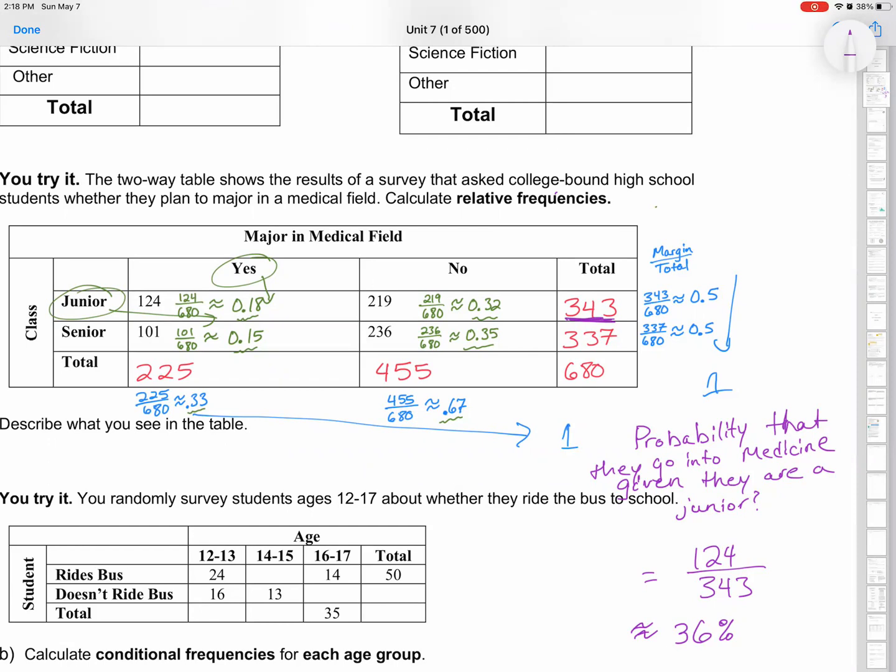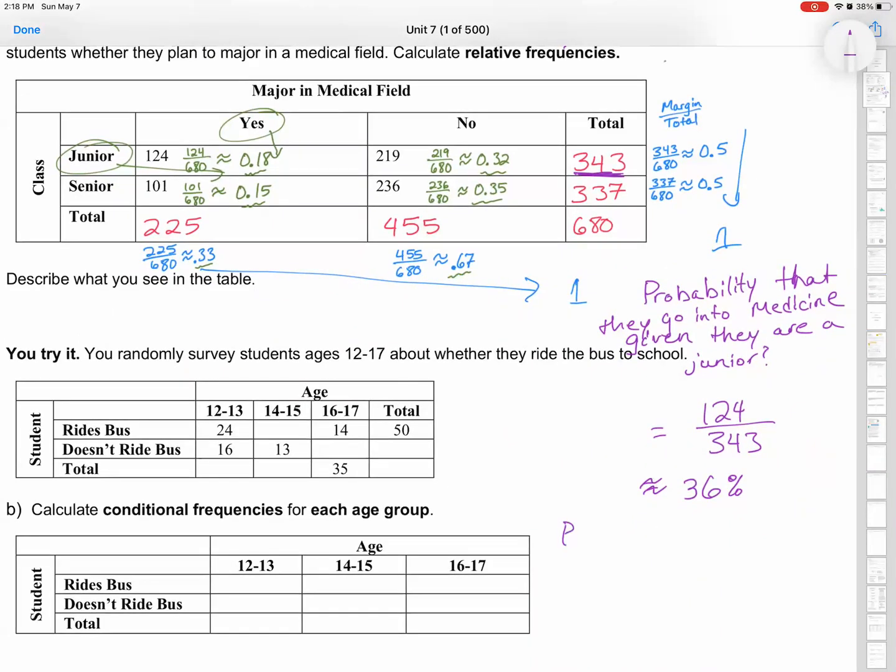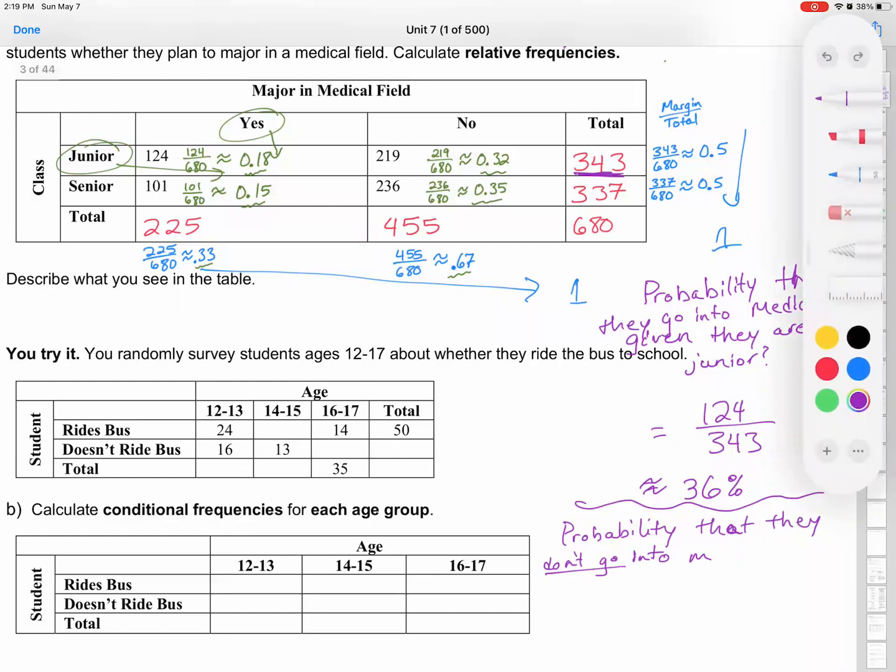All right. I'm going to go ahead and give you another one. What is the probability that they go into the medical field, or actually we'll change it up, that they don't go in the medical field? Oh man, I keep messing up, sorry.